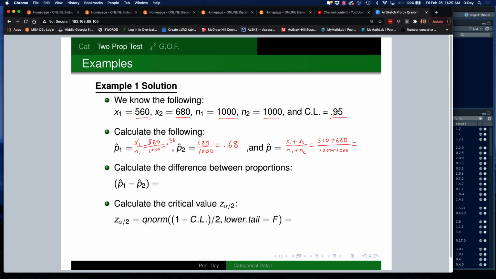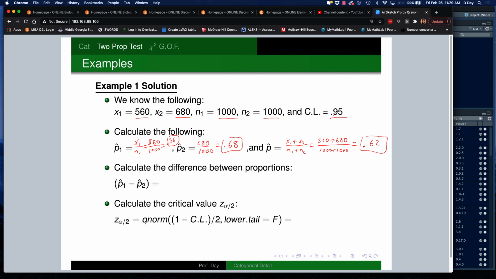In this case we should get 0.62. Because our sample sizes were equal, that came out to be the exact midpoint between P hat 1 and P hat 2. So we've got those values that we need to use in further calculations.